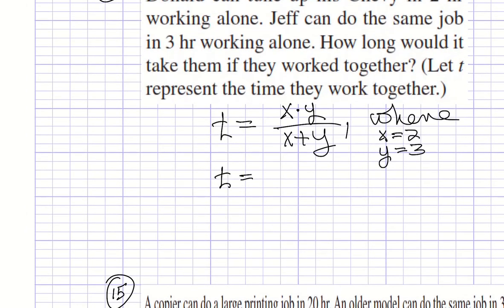We get T equals 2 times 3 over 2 plus 3. We simplify. What is that? It is 6 over 5. See that, right? T equals 6 over 5, and basically we're done with that problem, man.